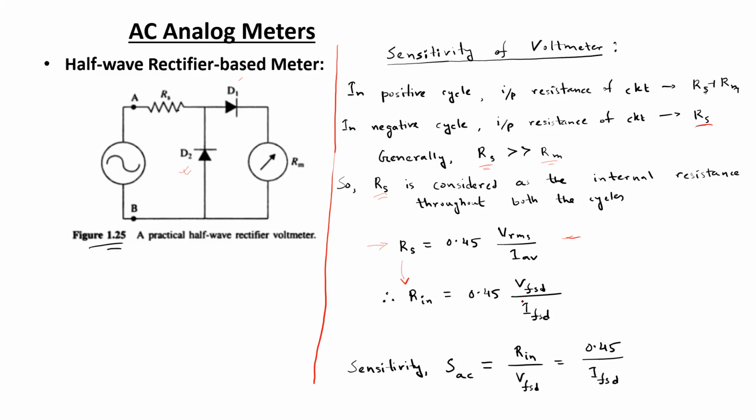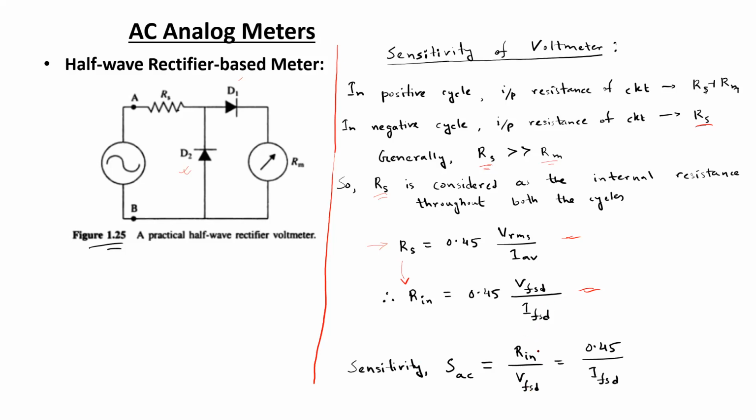Now, considering the previous discussion regarding voltmeter sensitivity, which is defined as ohms per volt, we can rearrange this particular expression to signify the sensitivity. The sensitivity of the voltmeter is basically the internal resistance of the circuit divided by the full scale deflection voltage, or the maximum voltage to be measured.